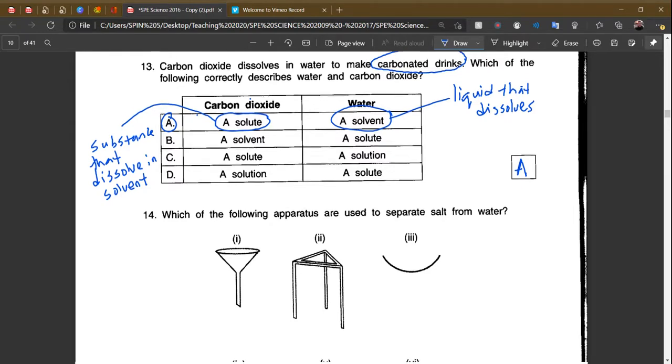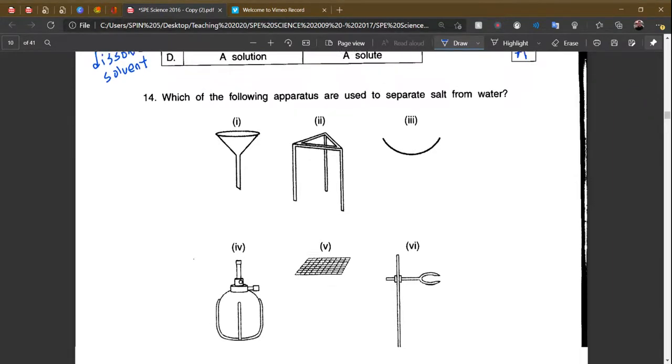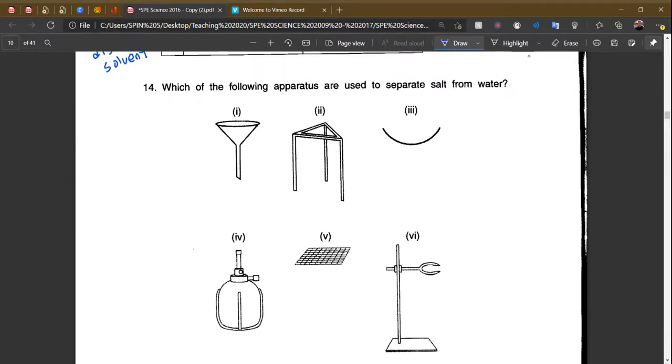Okay, number 14. Which of the following apparatus are used to separate salt from water? So salt is soluble. If you add salt into water, you will have salt solution.